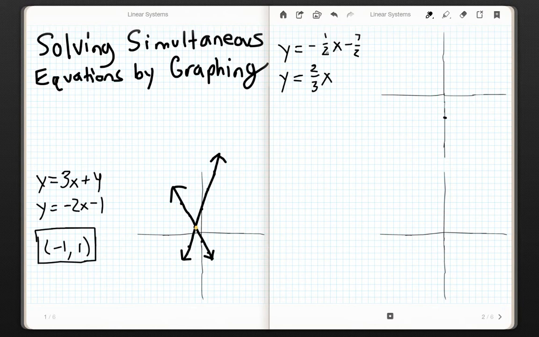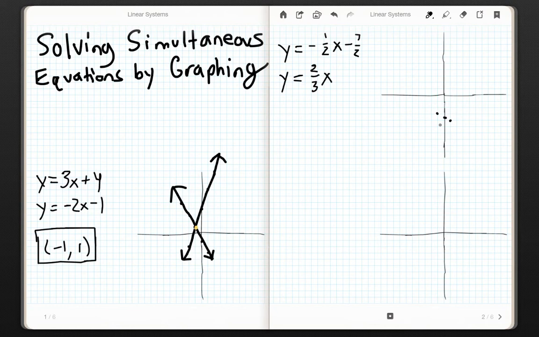So this is saying that where x changes by 1, y changes by negative 1/2. Remember, that's the other definition of slope, is how much does the y change every time x changes by 1. So when x changes by 1, y changes by negative 1/2. So we'll be right there.